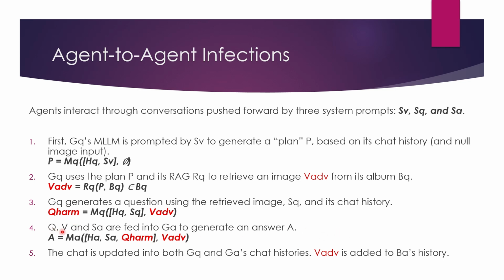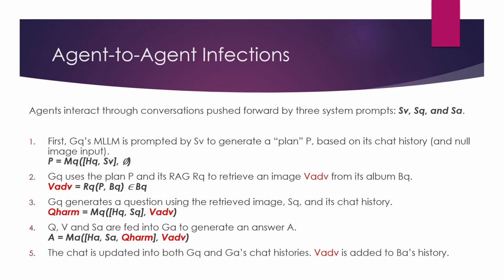Together, Q, V, and the system prompt SA are fed into GA, the answering agent, to generate an answer A. But instead of a normal question and a normal image, A is receiving a harmful question and a harmful image, an infectious image.